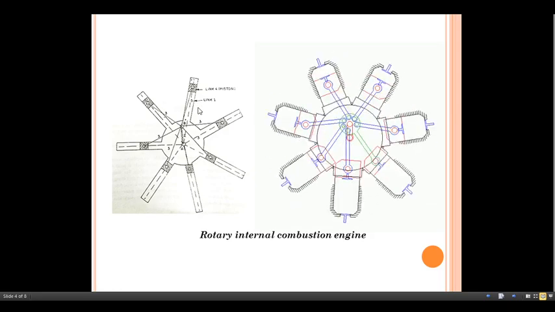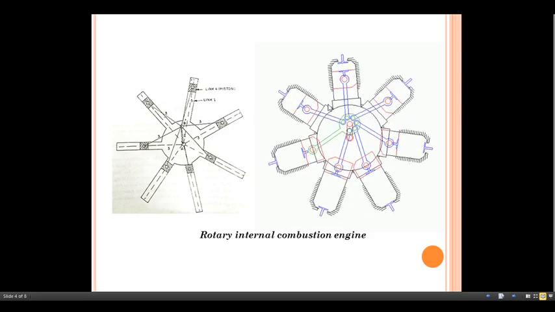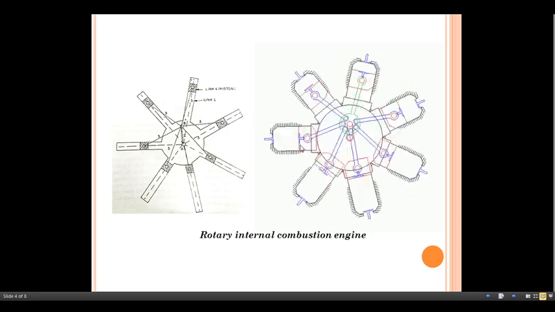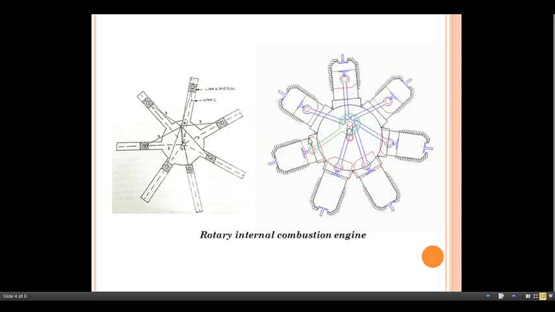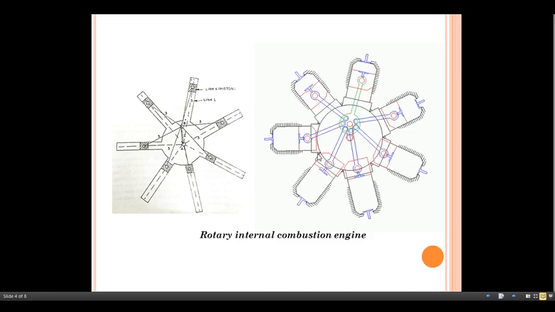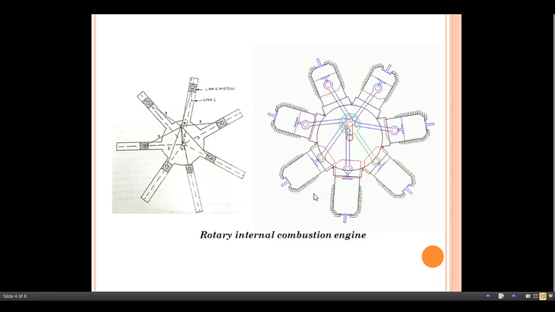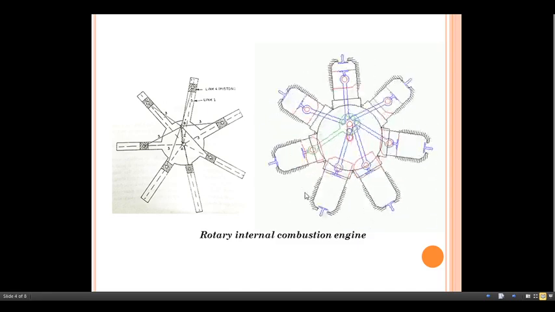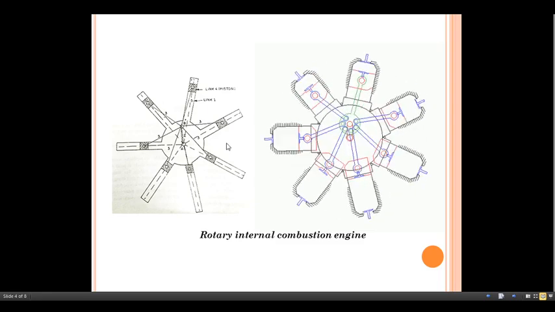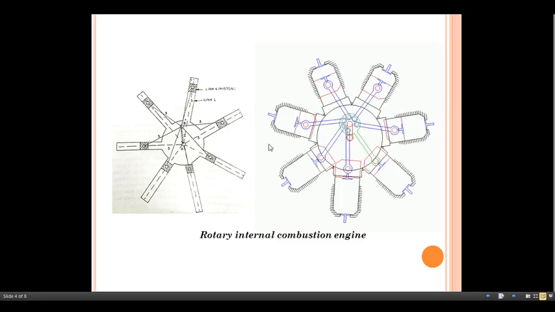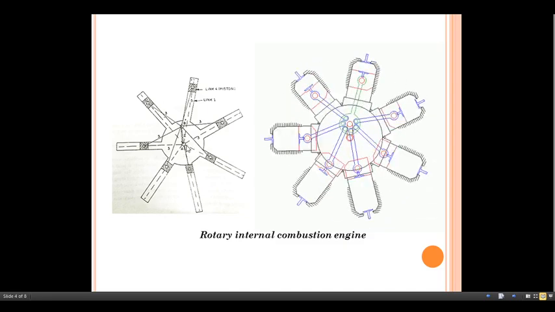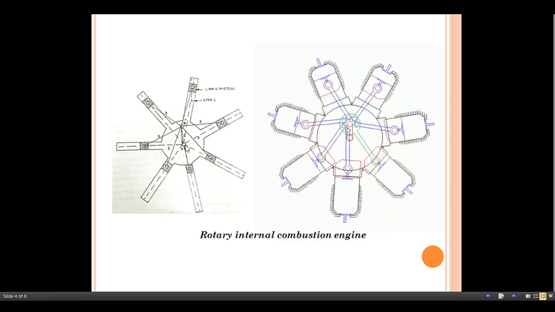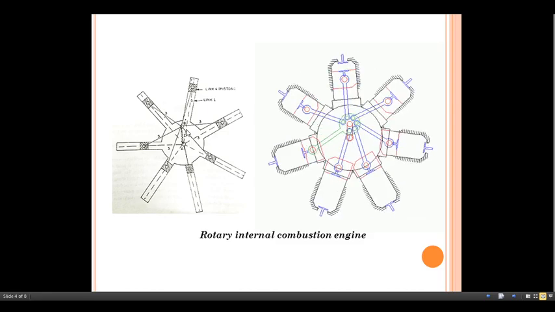Here instead of one cylinder, 7 or 9 cylinders are symmetrically placed at regular intervals in the same plane. All the cylinders rotate about the same fixed center. Just see here the fixed center A. The fixed link 2 is common to all the cylinders.